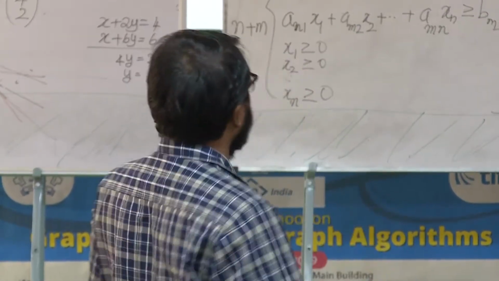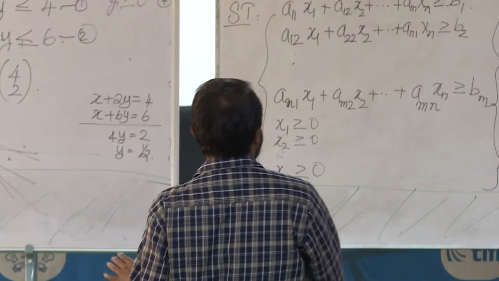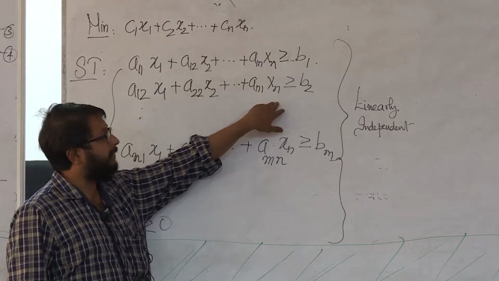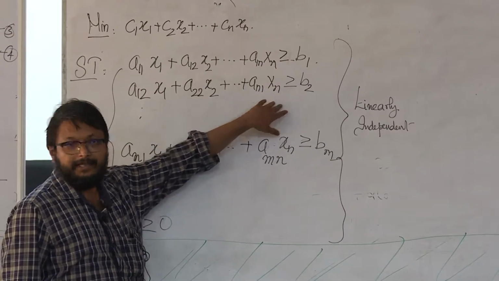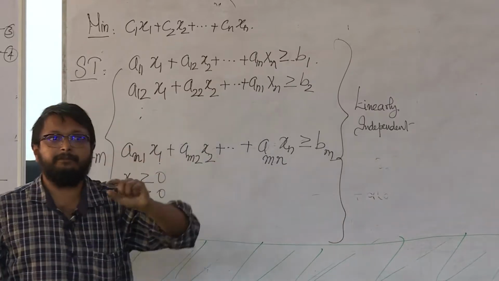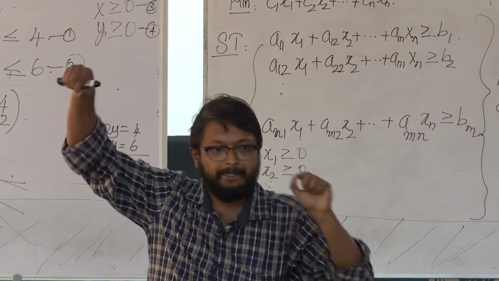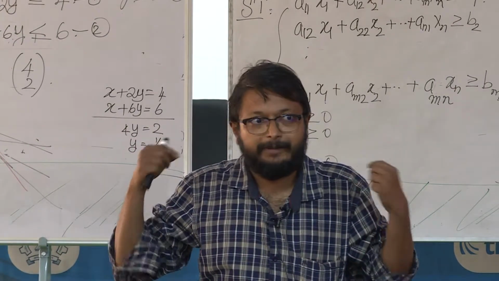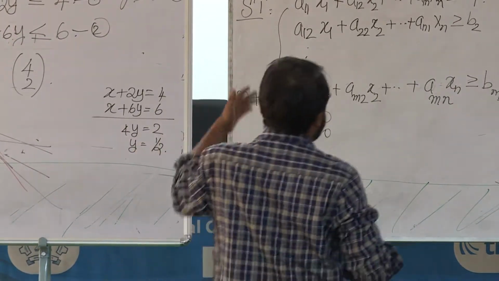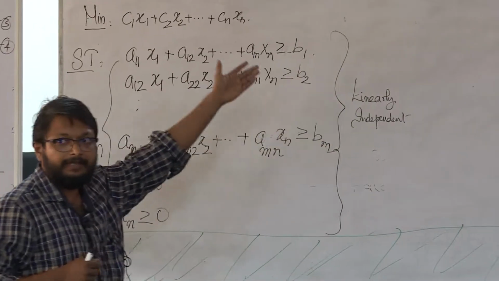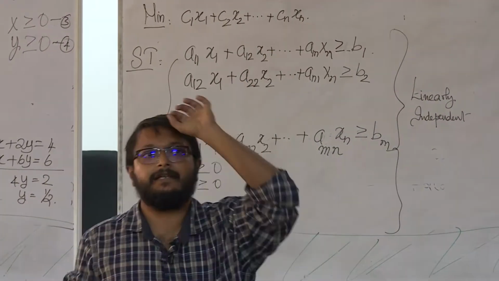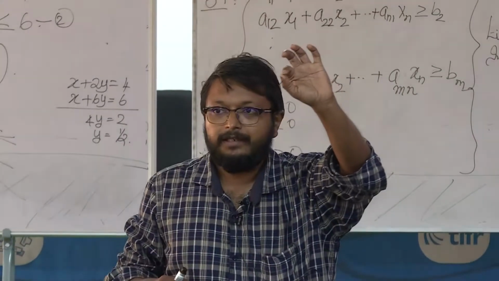If I pick any n of them, those will fix the values of x1 to xn. So assuming the constraints are linearly independent, any n of them will fix a point in R raised to n. If you take n equations in n variables, that will fix a point in R raised to n.